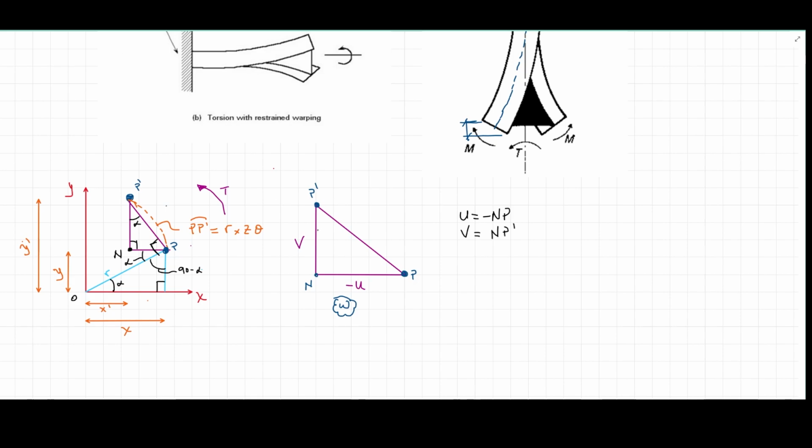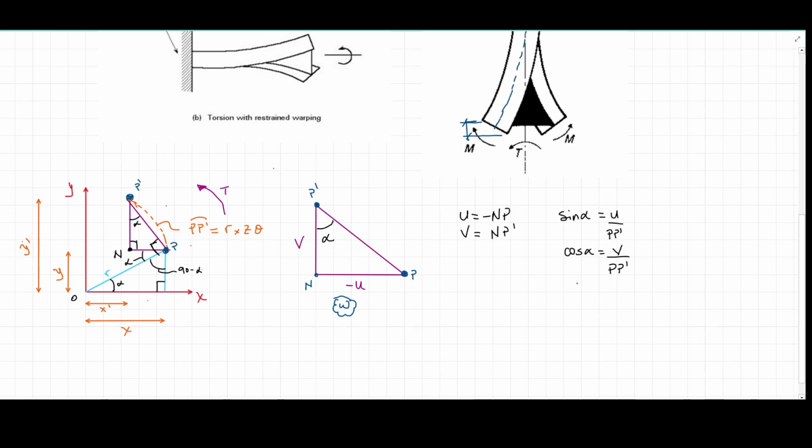Now, if I know that this angle here is alpha, then I can bring the trigonometric formulas here and say, well, sine of alpha equals u divided by the distance P prime, and the cosine of alpha equals v divided by P prime.